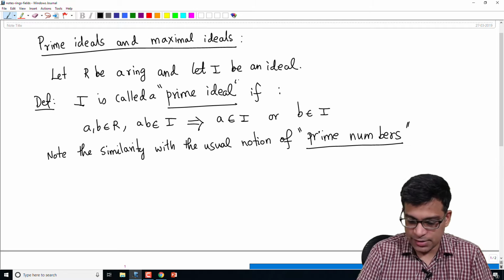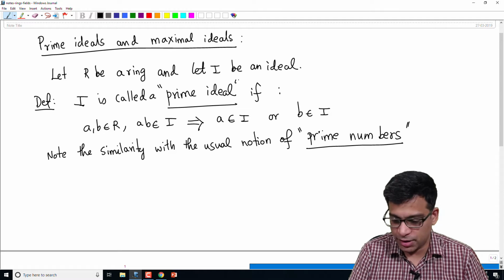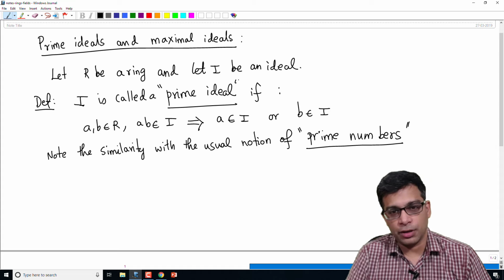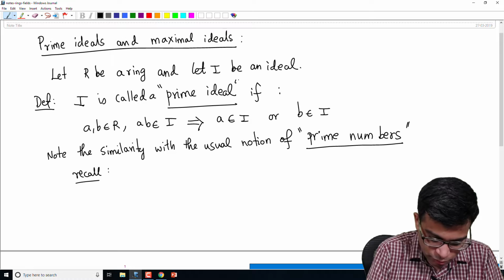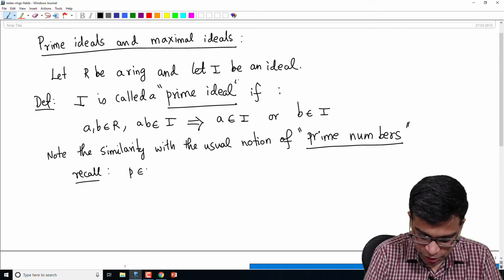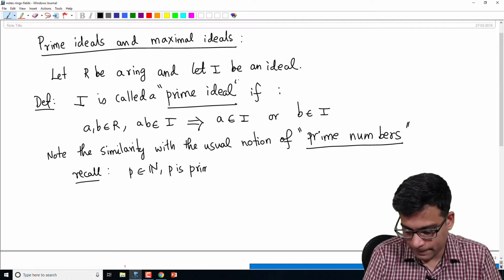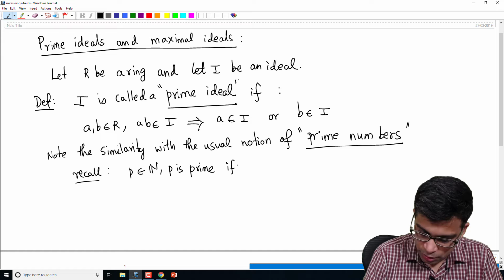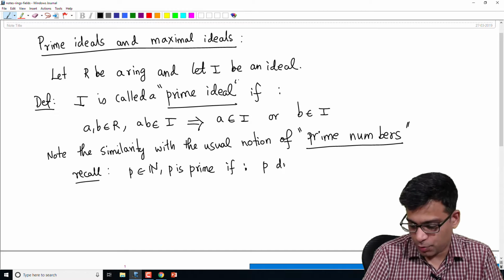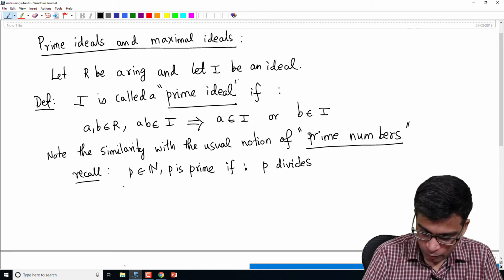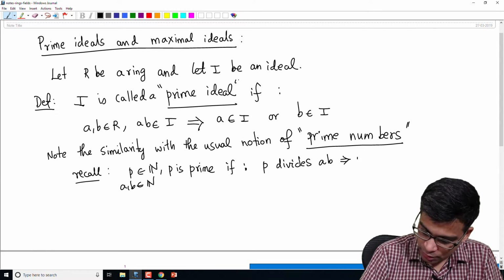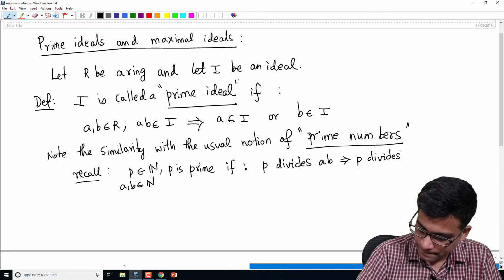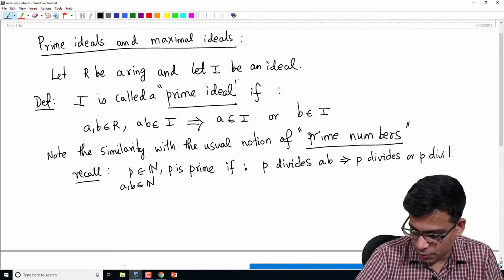If you remember prime numbers, it says that, let's say P is a positive integer, P is prime if the following happens. Let's say A, B are also integers. P divides A B implies P divides A or P divides B.